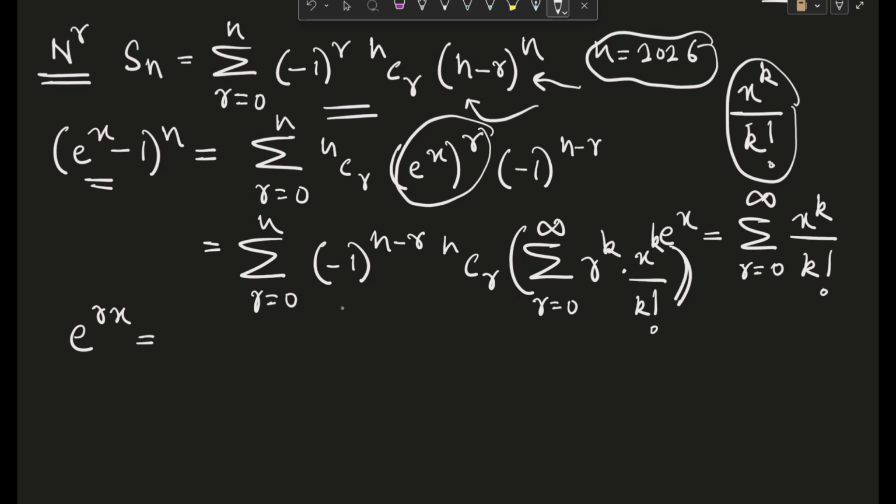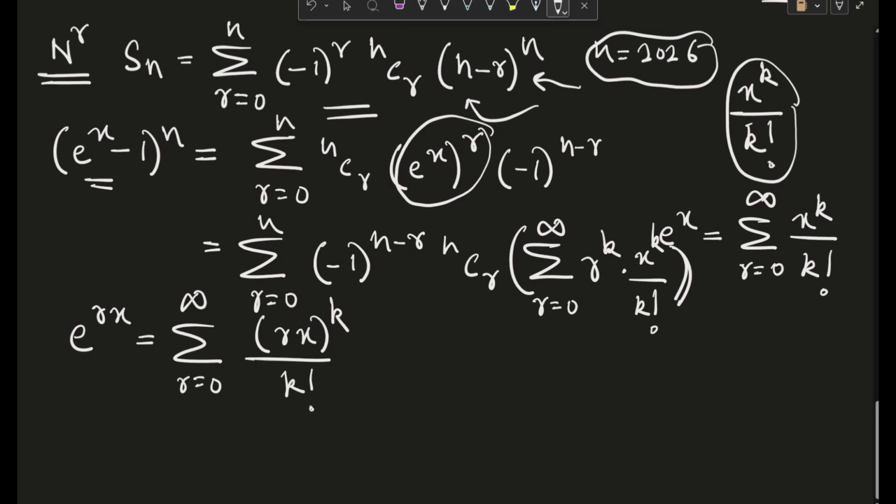And now e power x is this thing, so we can write this as sigma r equals 0 to infinity, and in place of x power k, we substitute rx power k by k factorial. Now r power k has nothing to do with this, so we pull it out. We can write this separately, or pull it out also. r power k has nothing to do with this, but we are writing it within the sigma because here there is a dependence. So r power k into x power k by k factorial. I hope it's clear now.